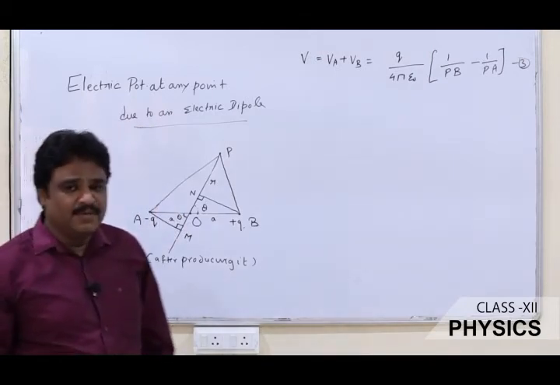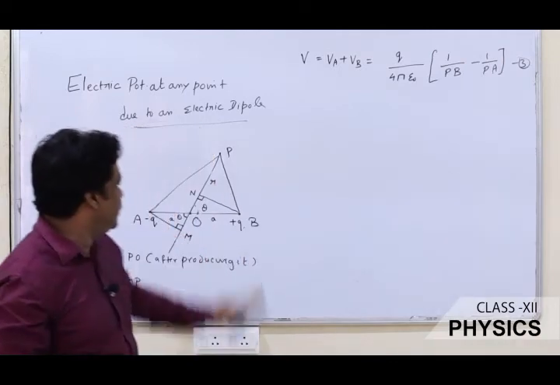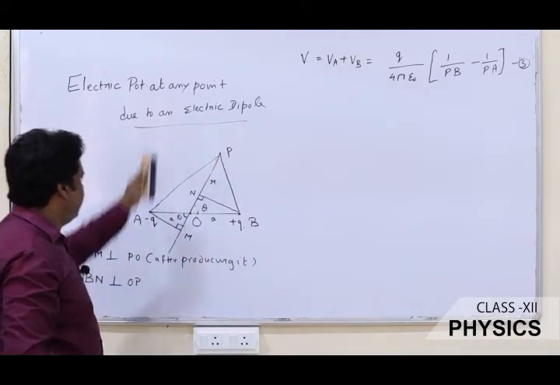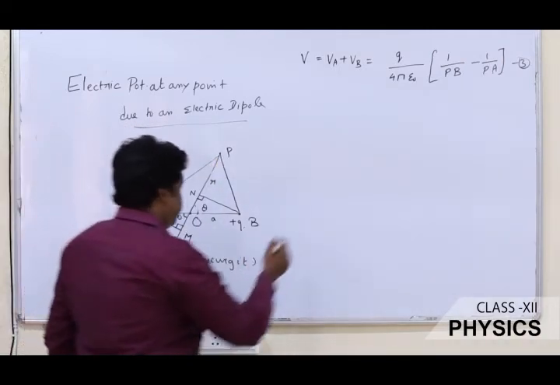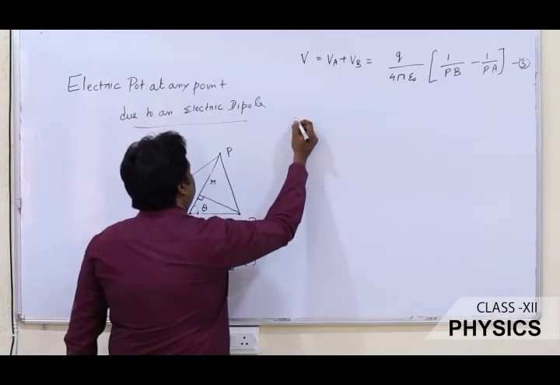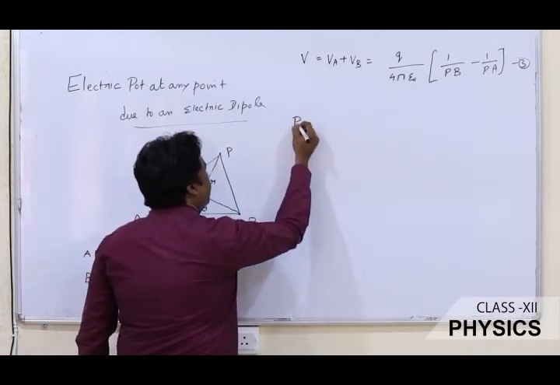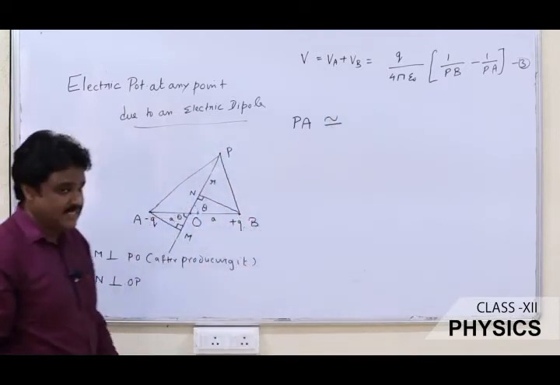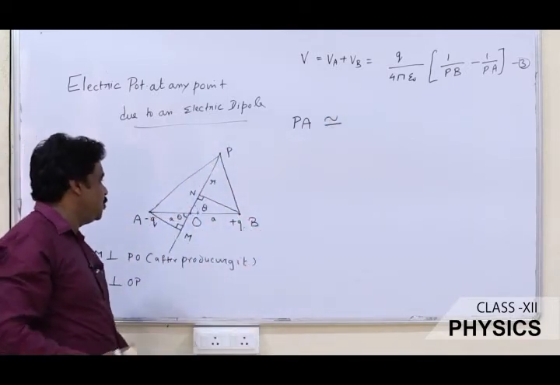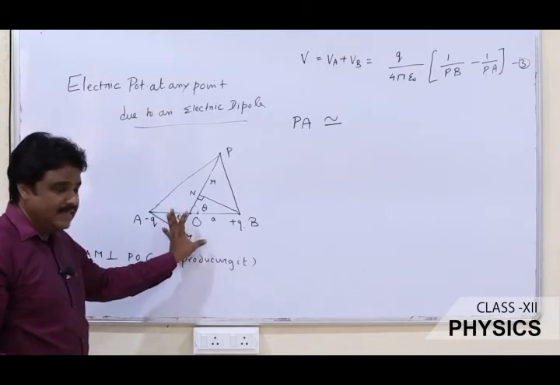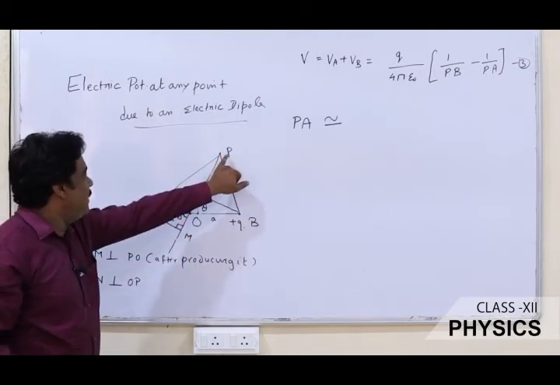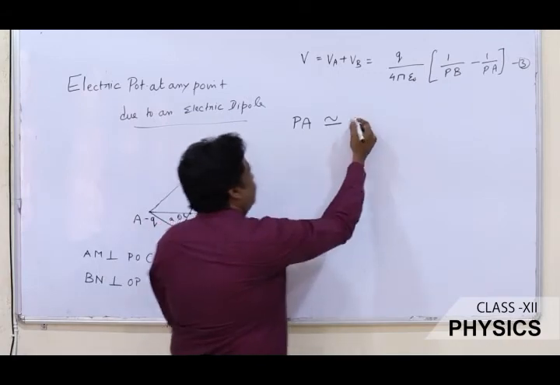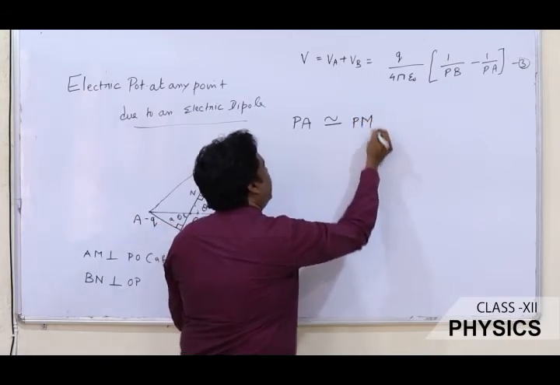So once again, how to get PA? We are going to use an approximation because PAM is not a right triangle; for that we have constructed a right triangle. Geometrically, if the dipole is of small length, I can approximately make PA equal to PM.